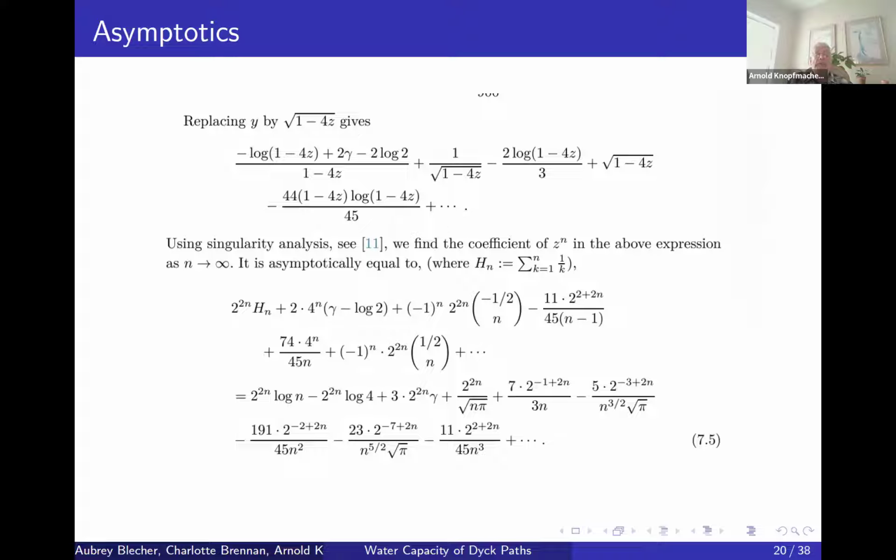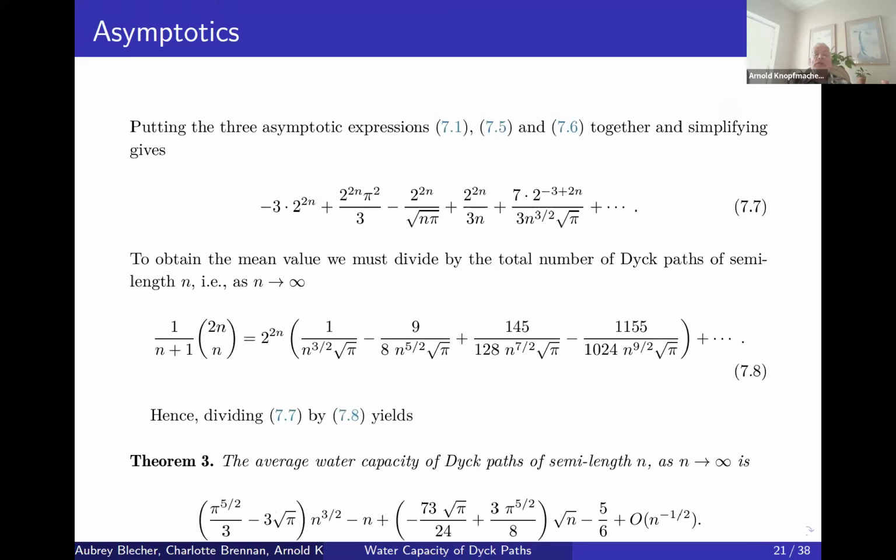Okay, now this is not quite what we want, because there were 3 parts of my asymptotic expansion. I haven't shown you all the details. So what we have to do is combine the 3 parts together after doing the work.